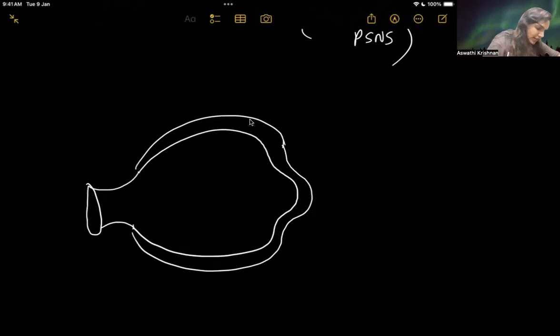The first coat I said, the eyeball has three coverings, and out of those three coverings, the first covering is called the sclera. And it is continuous with the cornea.